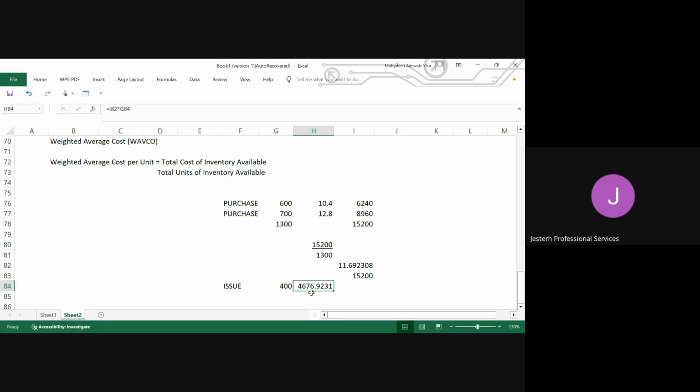Now, it means this is the total value. Let me put it into two decimal points.